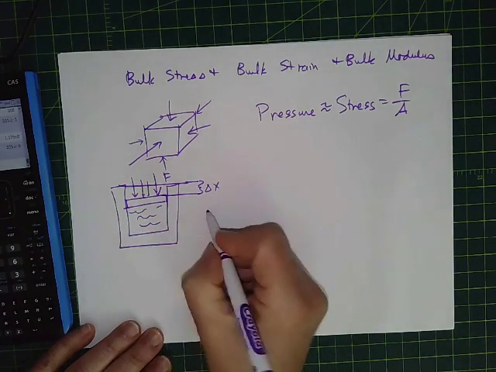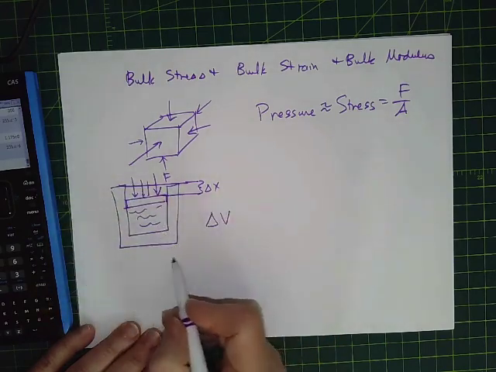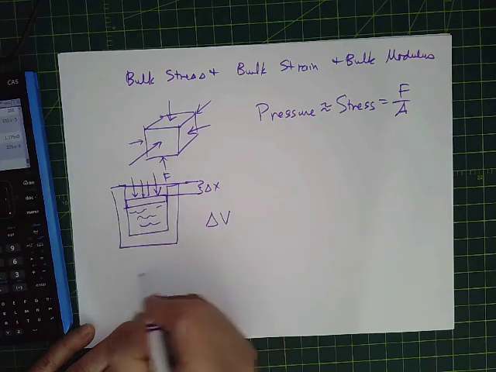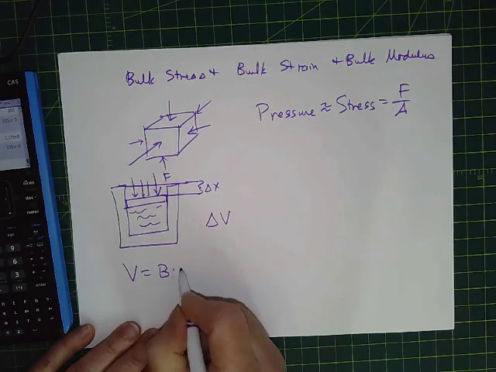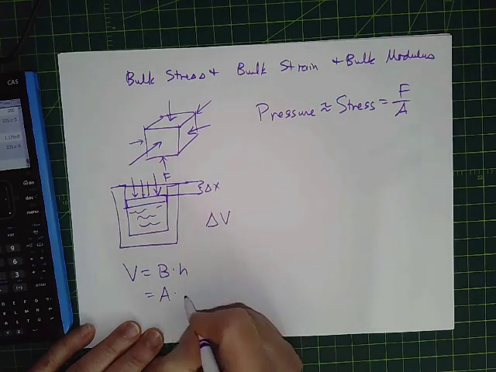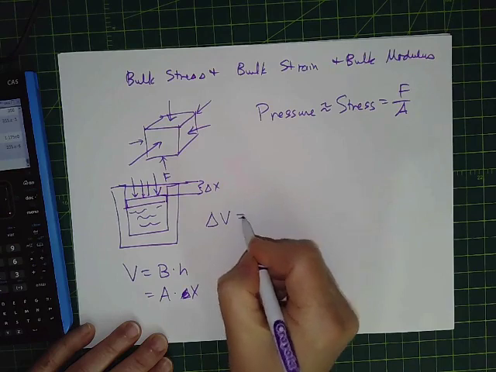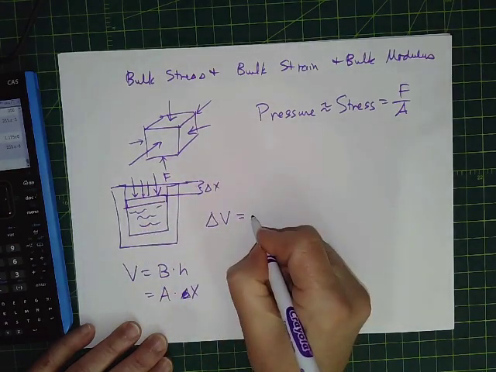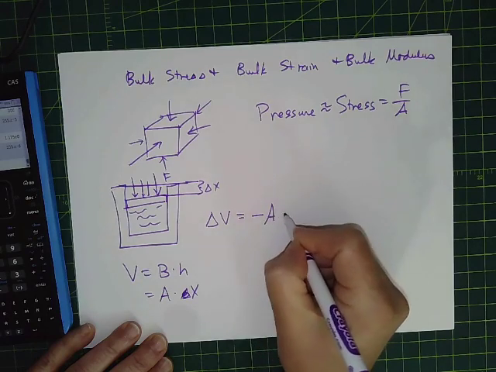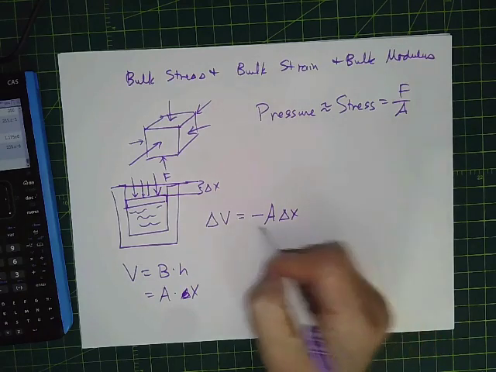The change in volume then, trying to make a 3D picture here: volume in general is area of the base times the height, and the height is x. If we want the change in volume, if we're coming down, it's going to be negative, A times delta x, because the volume is decreasing, so the negative sign.